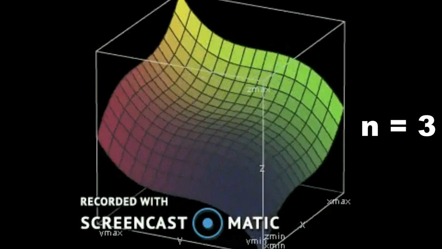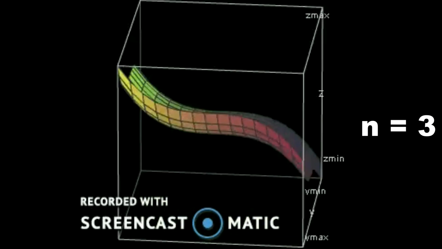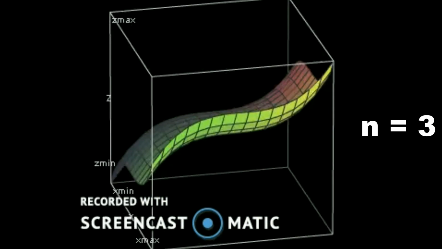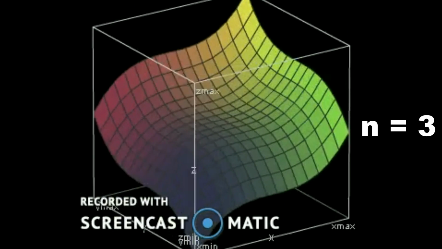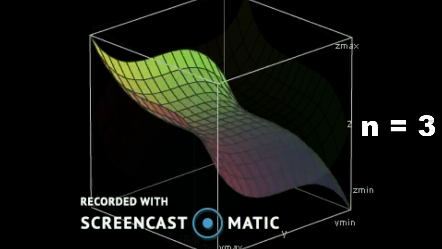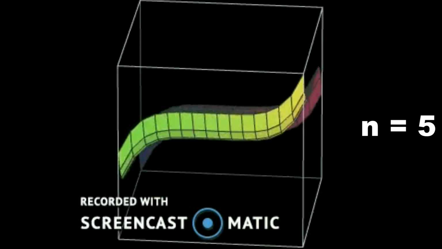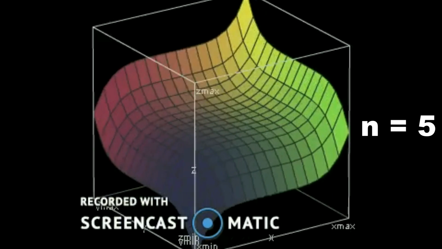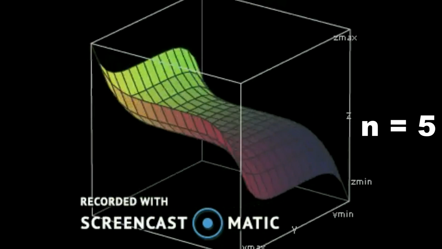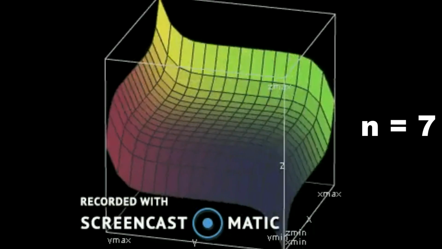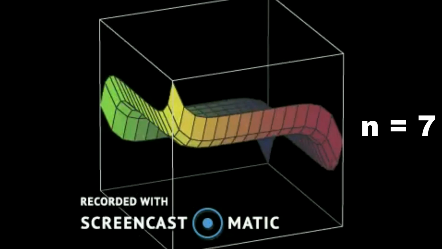But then you have this radical shift whenever n is an odd number. Everything looks bizarre. You get this weird little wave thing that starts to happen. And I really think it makes a lot more sense now, knowing that you're actually having to divide n by 2 in order to get all of these numbers in.